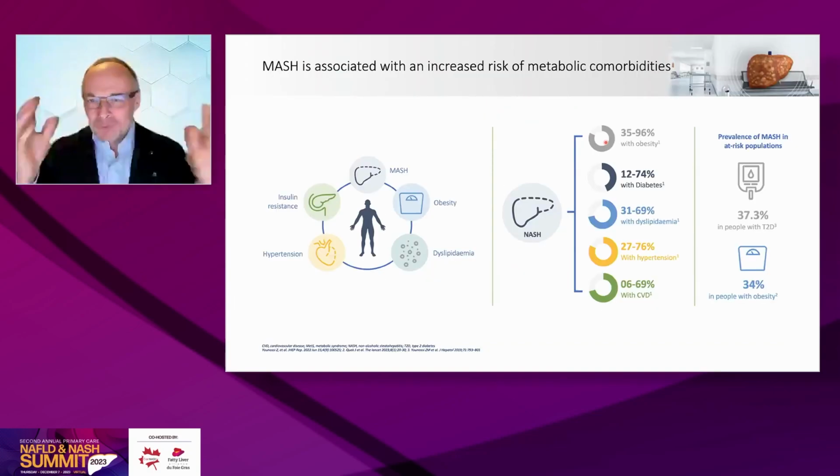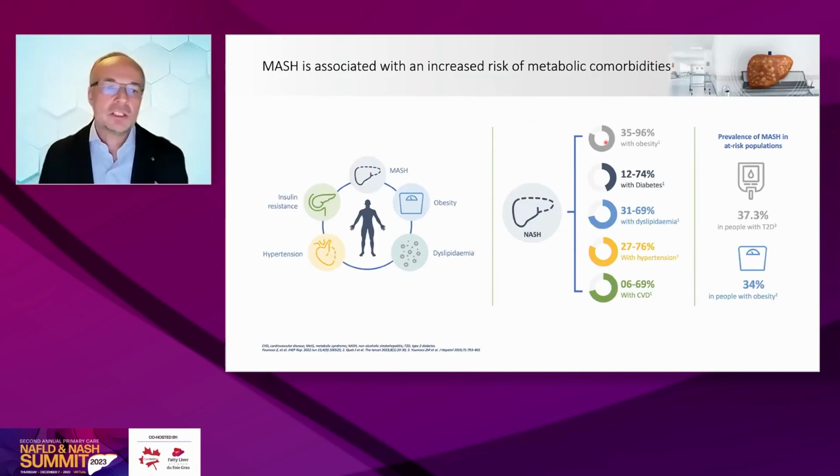A little bit back to the comorbidities. Again, these are not seen in isolation. It's a human being here, liver here, insulin resistance, etc. So again, I come back to my thirds. If you have a patient with NASH, roughly a third of them will have obesity, diabetes, dyslipidemia, something like that.